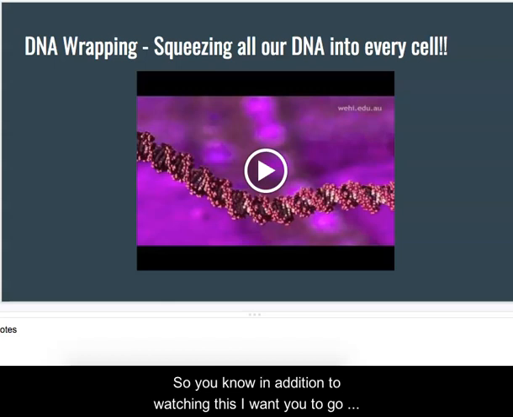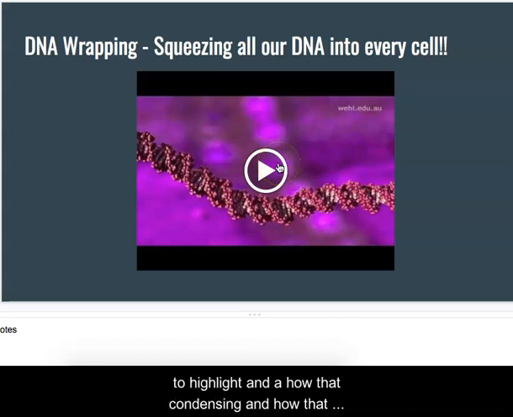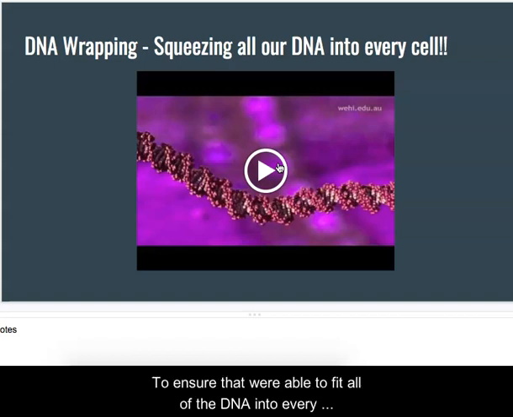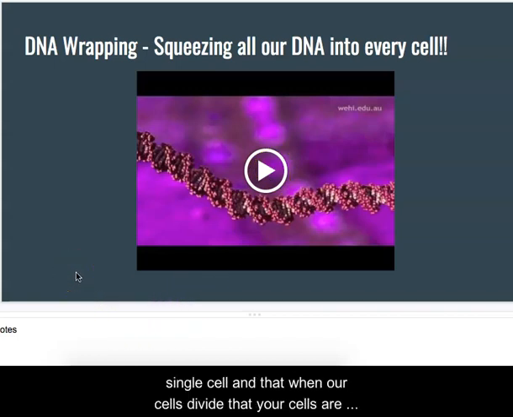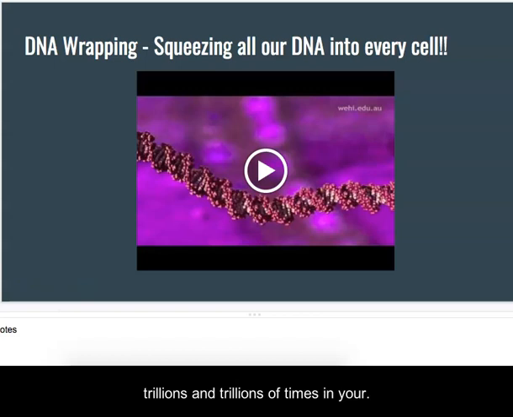So, in addition to watching this, I want you to go to the PowerPoint and watch this little quick video. It's going to highlight how that condensing and that squeezing actually happens to ensure that we're able to fit all of the DNA into every single cell, and that when our cells divide, your cells are able to copy all of that DNA and then divide it correctly, trillions and trillions of times in your cells.